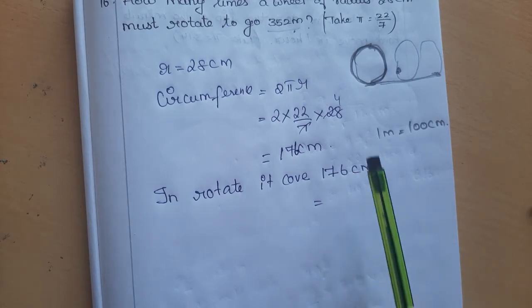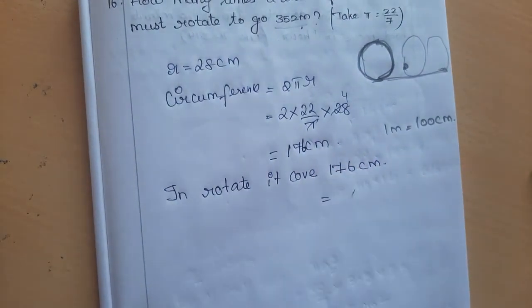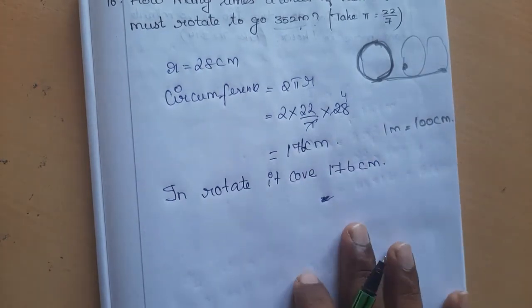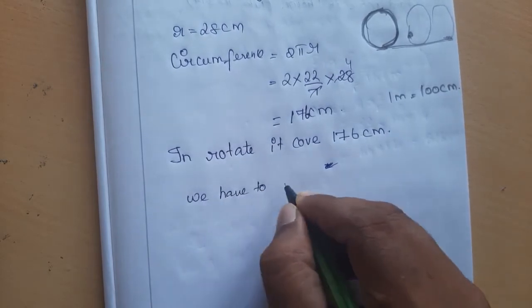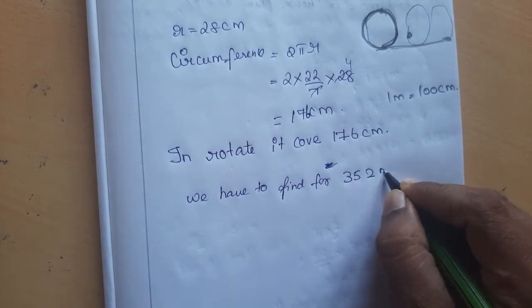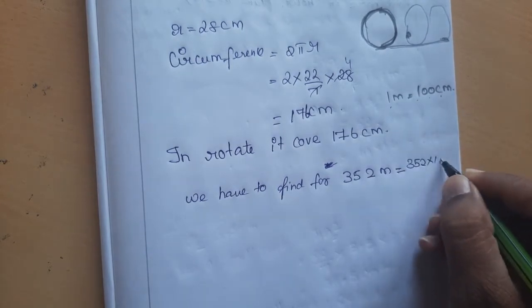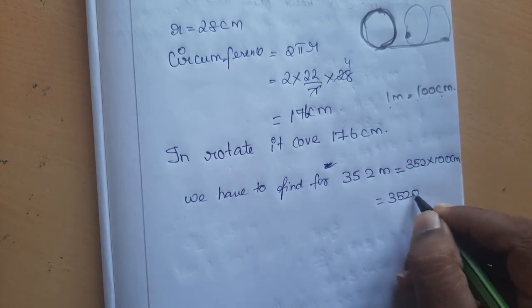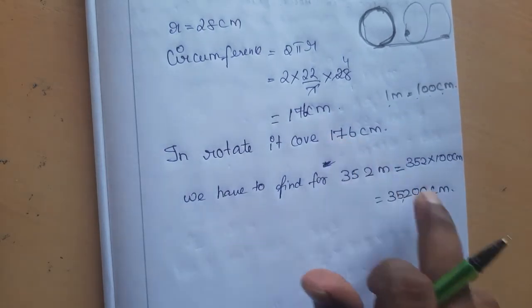So let me change this 352 meters into centimeters, so we can divide. 352 meters means 352 into 100 centimeters. So if you divide, you will get how many rotations.